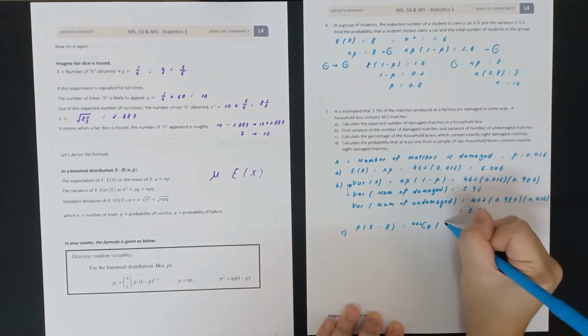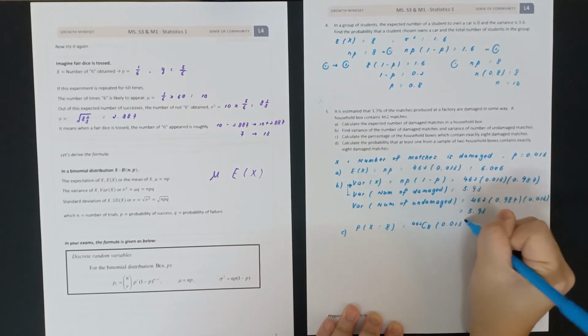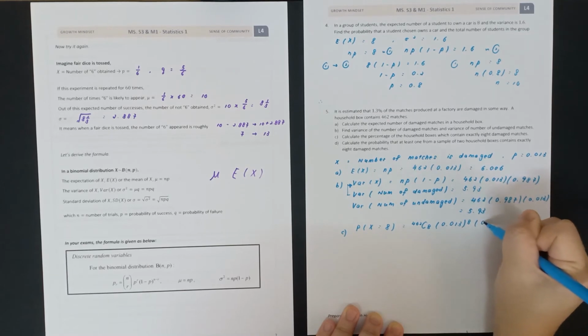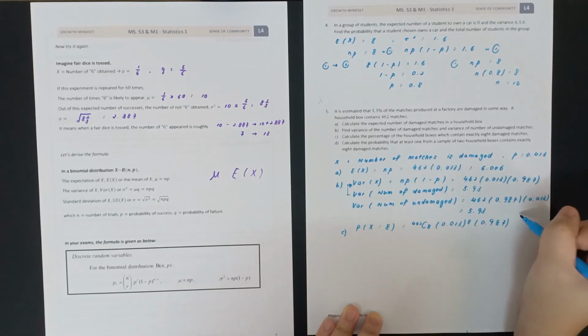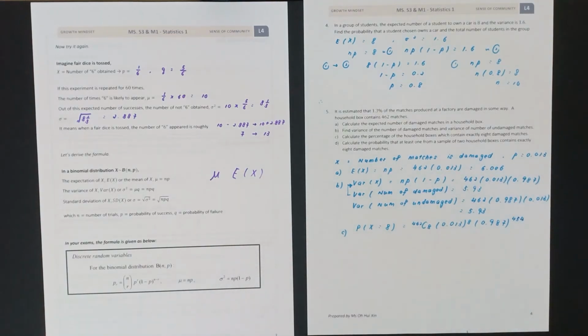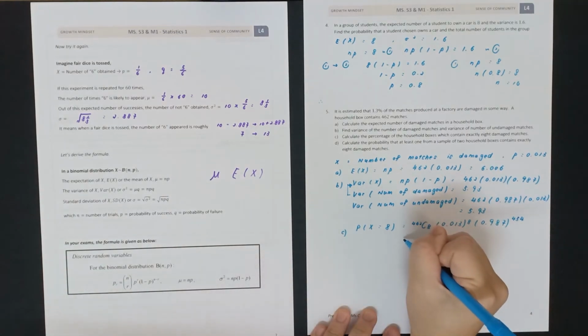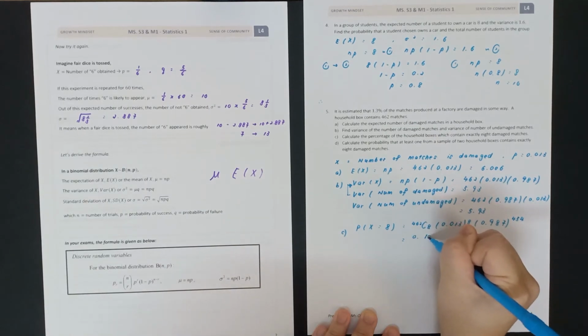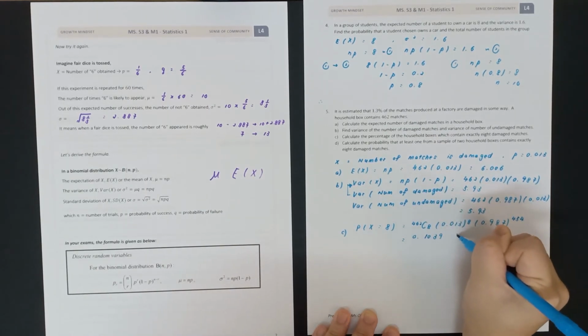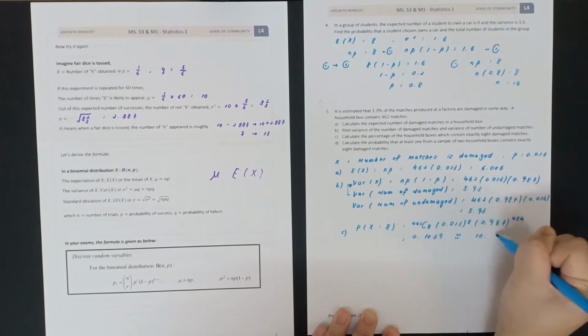So the probability of damaged to the power 8, times the probability of undamaged to the power 462 minus 8, which gives you 454. Okay, so you use your calculator and you'll be getting 0.1039, which if you change it, will give you 10.39%.